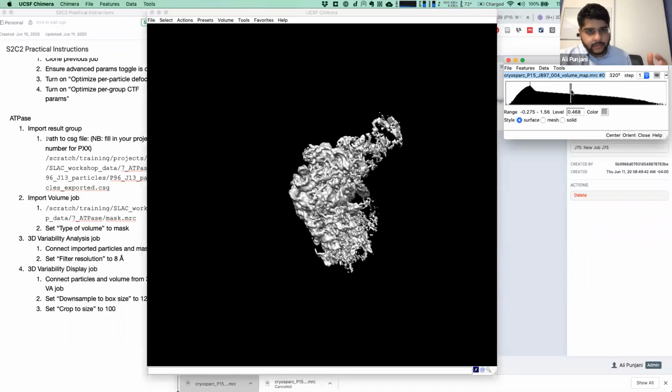Now with heterogeneous refinement and Ab-initio reconstruction and so on, we can sort out many of the conformations, and we can also do sub-classification. Every time we find a different conformation, we can do heterogeneous refinement within those. And it's a similar strategy to that the original authors used a few years ago when they processed this data to find some 15 or 20 different conformational states, including many finely distinct substates.